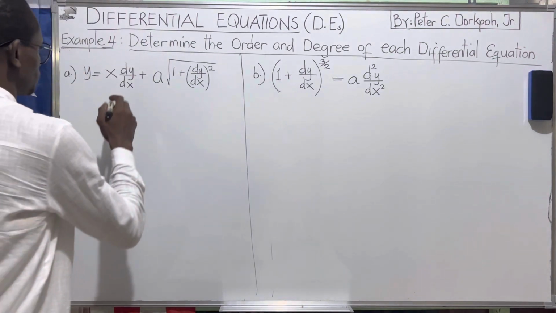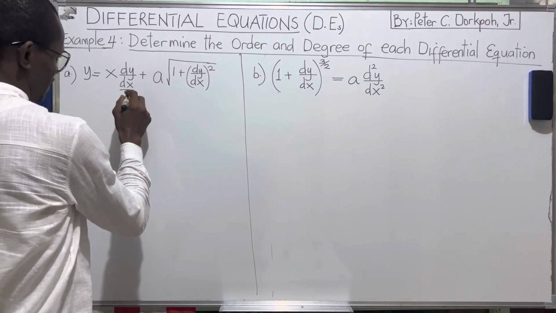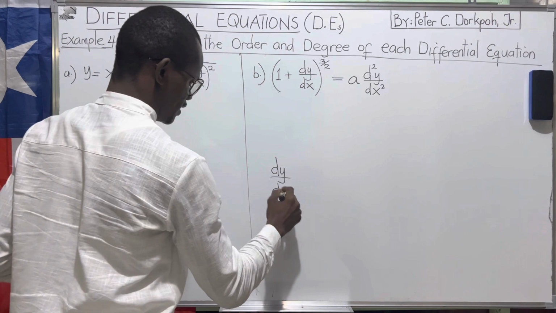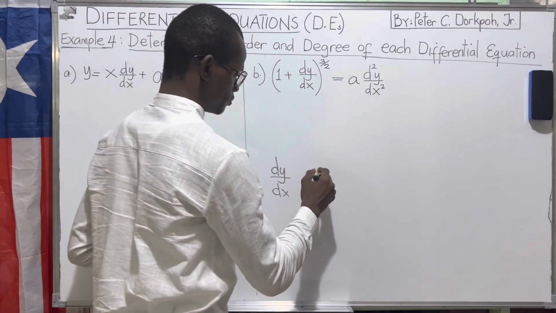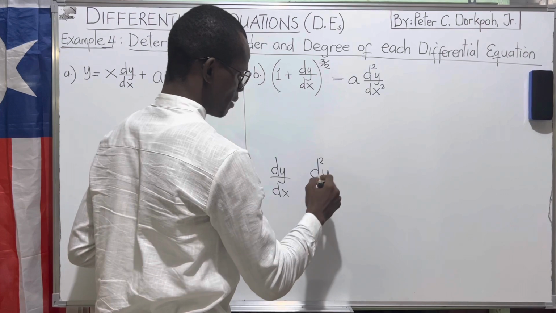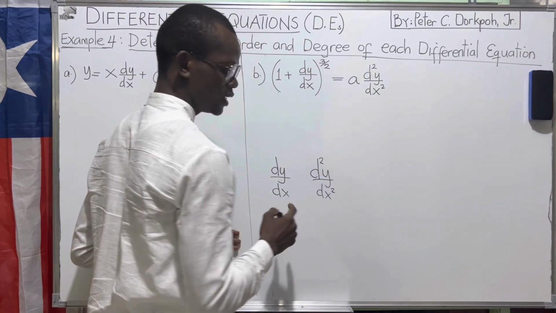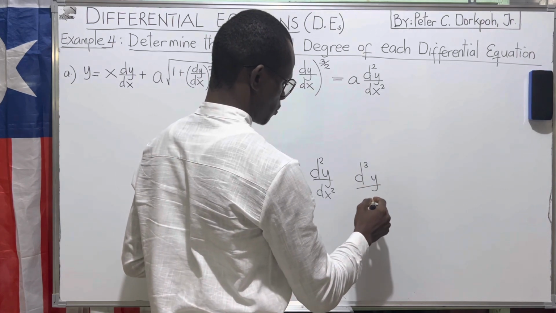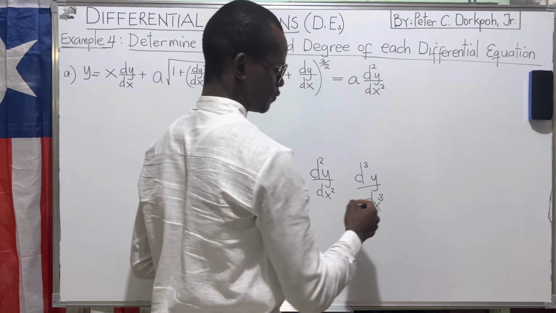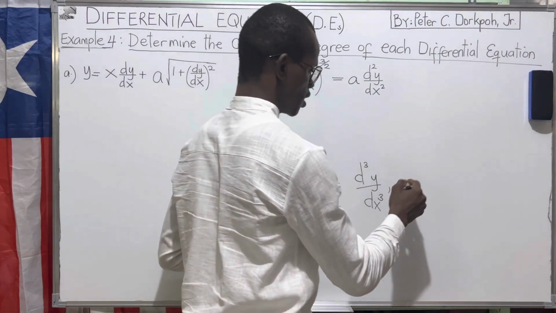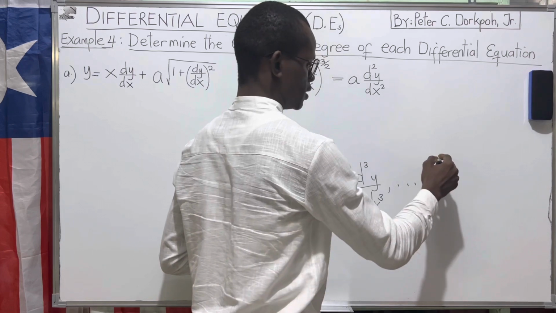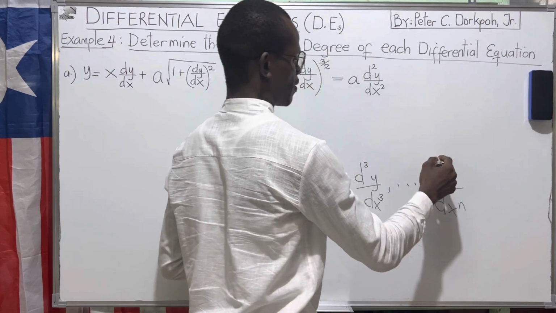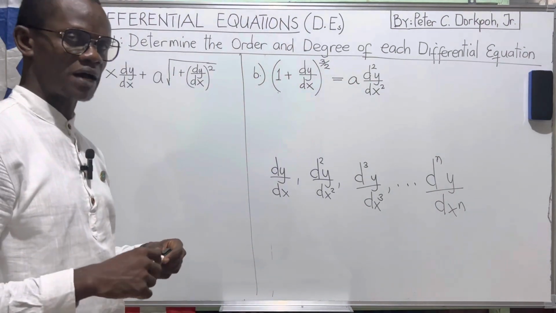So we look here: dy by dx indicates first order. d2y by dx squared indicates second order. d3y by dx cubed indicates third order, and so on. dny by dx to the power n indicates nth order.